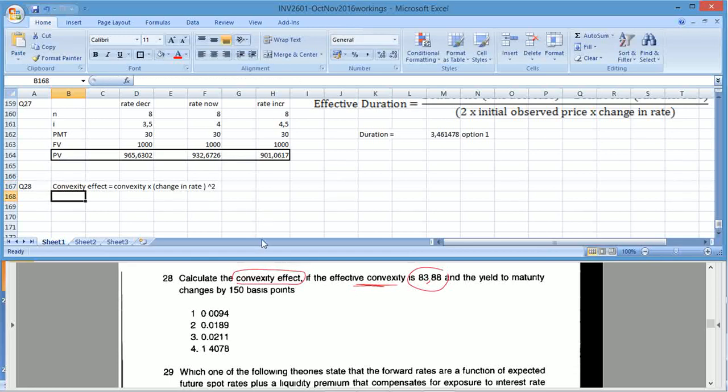So the convexity measure 83.88 times brackets 1.5%, so 0.015, squaring it, equals that. That's option 2.